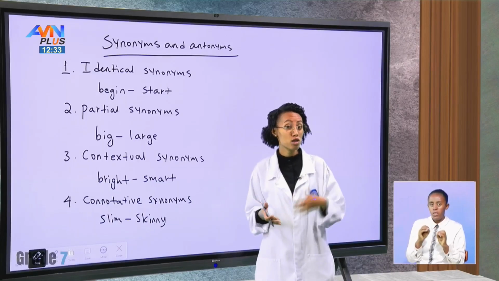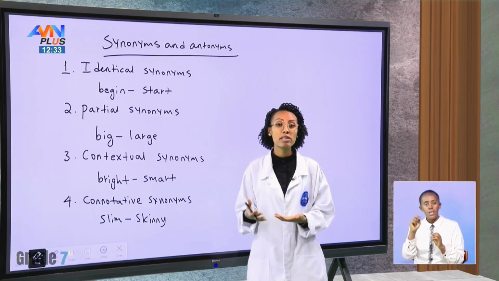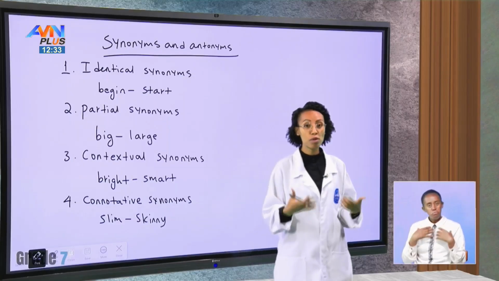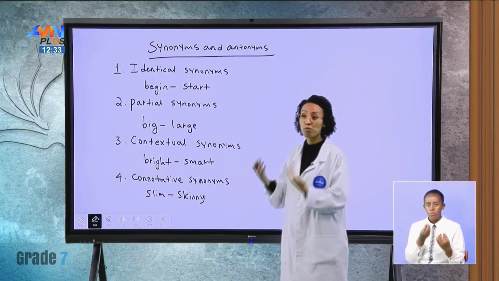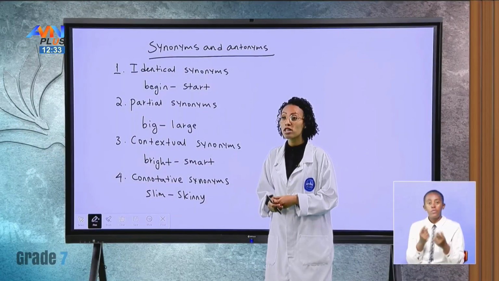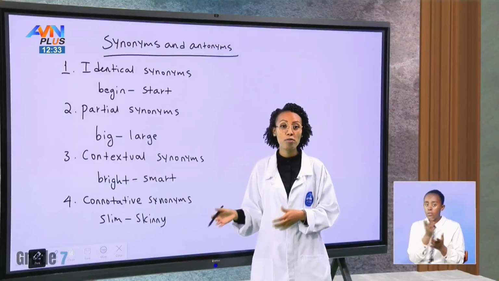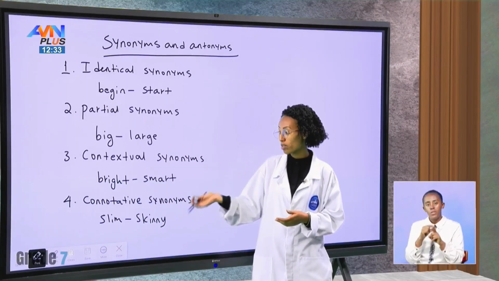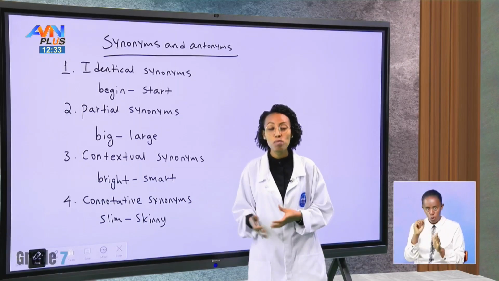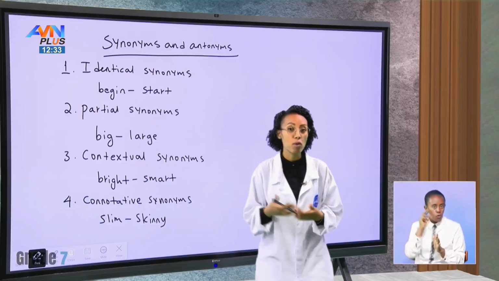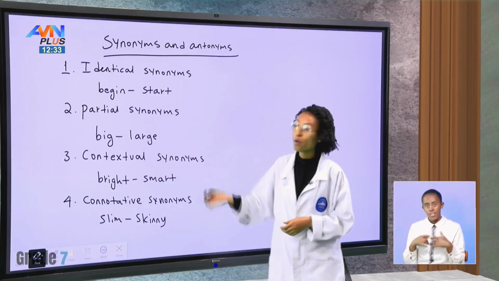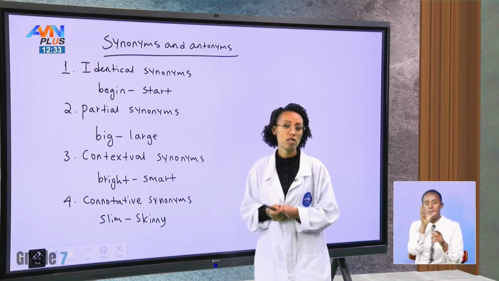If someone says you are skinny, then that person is saying you need to be healthier and eat more food. So the meaning of the words in connotative synonyms differs because of cultural and emotional feelings. These were the types of synonyms that we saw last time.